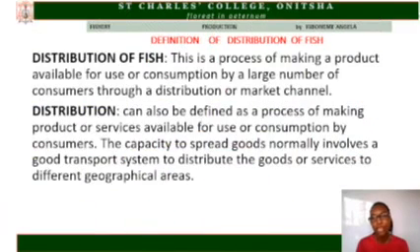Now, let us look at the definition of distribution of fish. Distribution of fish. This is a process of making a product available for use or consumption by a large number of consumers through a distribution or marketing channel. Distribution can also be defined as a process of making products or services available for use or consumption by customers.